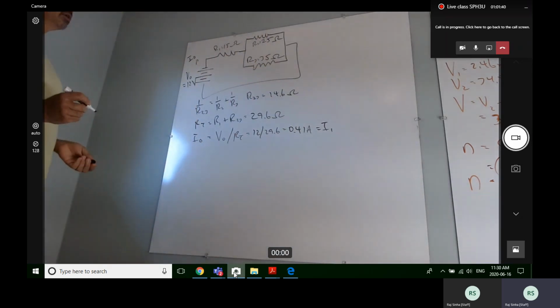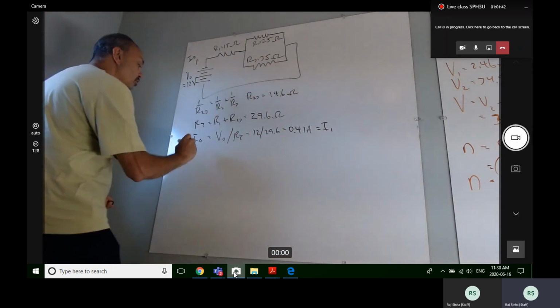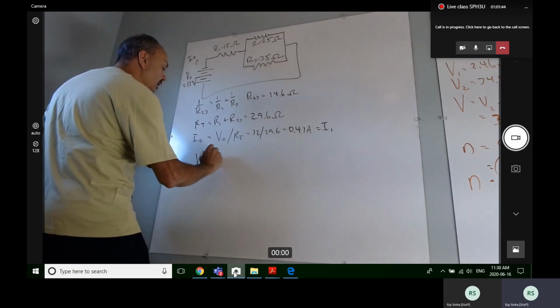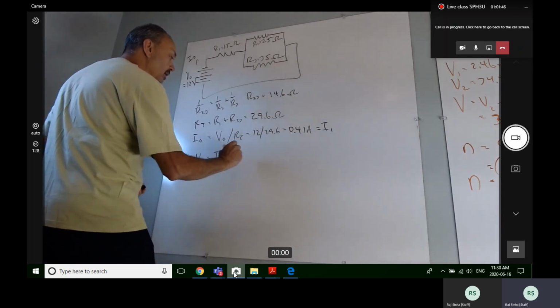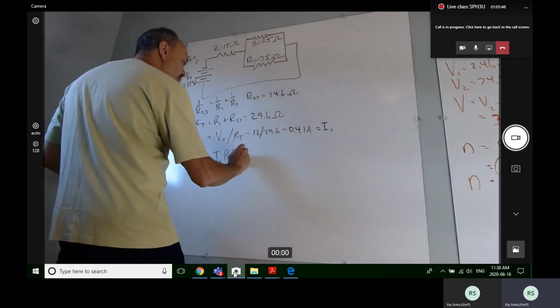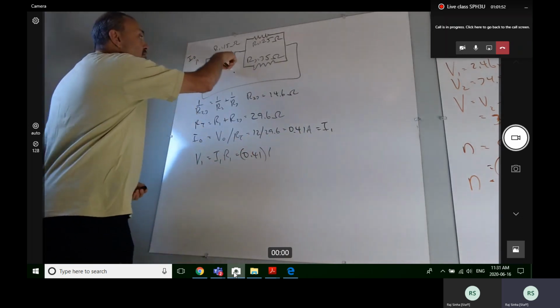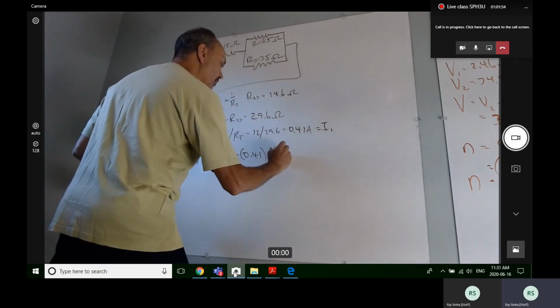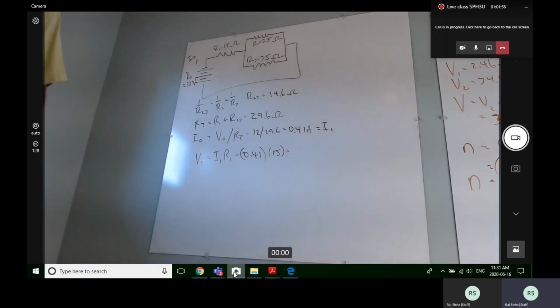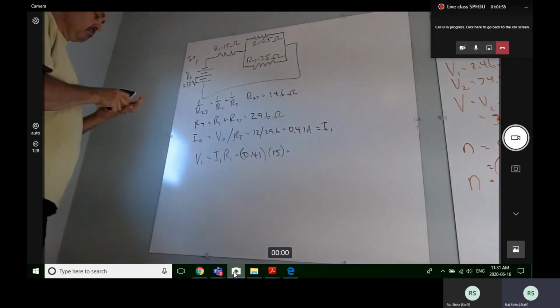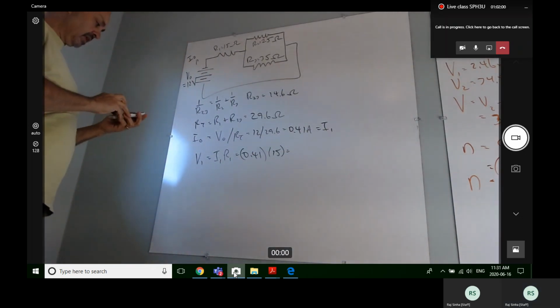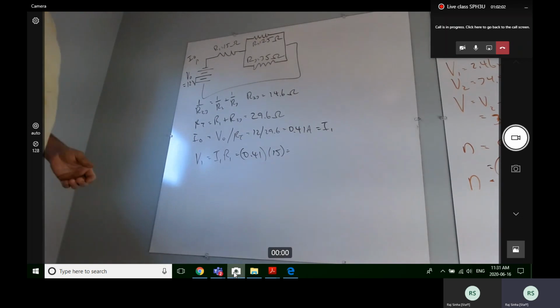Now, if I know my first current, I can also figure out my first voltage. V1 equals I1 R1. I know I1 is 0.41, and I know R1 is 15 ohms. I'm getting 6.1 volts.